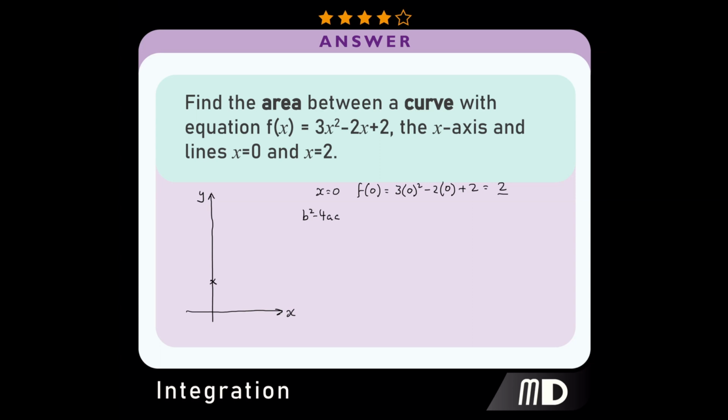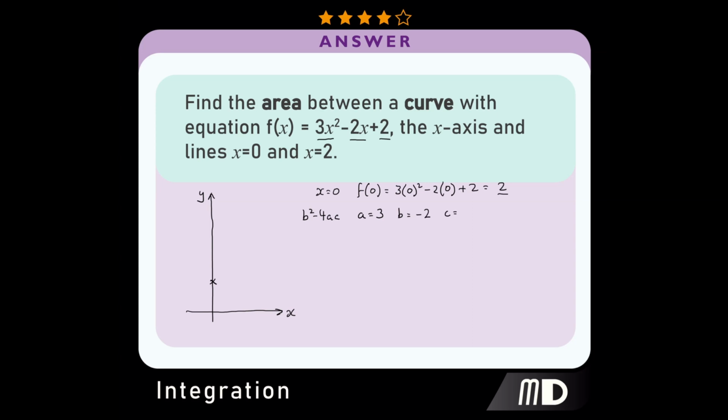Now, because the function is 3x squared minus 2x plus 2, a, which is the coefficient of the x squared term, has the value 3. b, which is the coefficient of the x term, is minus 2.